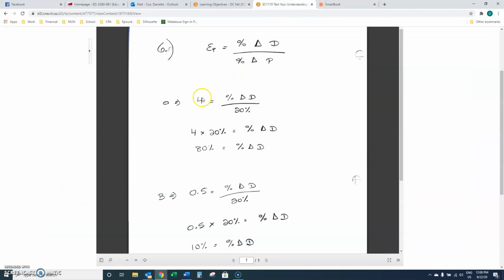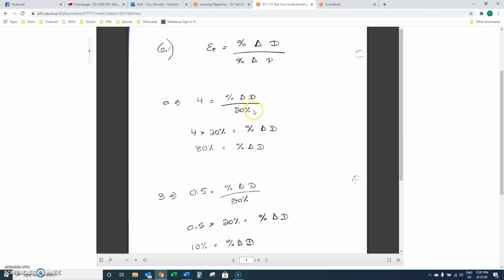If you fill that into the equation, normally we're trying to work out the elasticity coefficient and we're given information for this side. Here, we're given the elasticity coefficient as 4. And we're told that the percent change in the price increased by 20%, so that's the 20% here. Now we need to solve for the percent change in the quantity demanded.